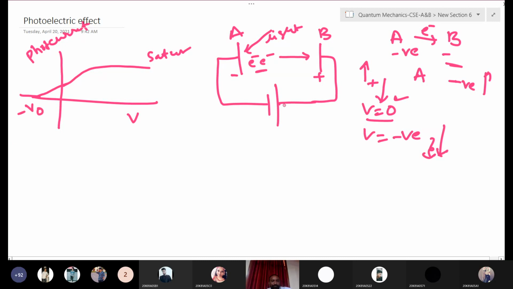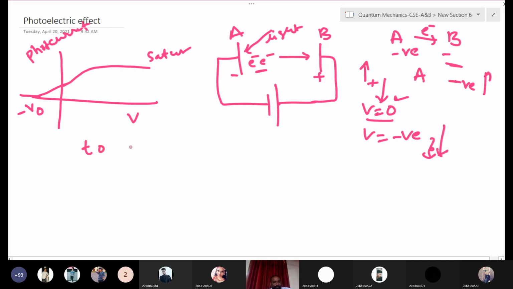Always remember, here we are applying some strong negative voltage that is higher than the potential at the A terminal. Then these electrons are not coming to the B terminal. That potential we call the stopping potential.